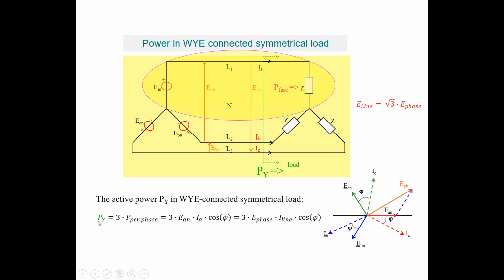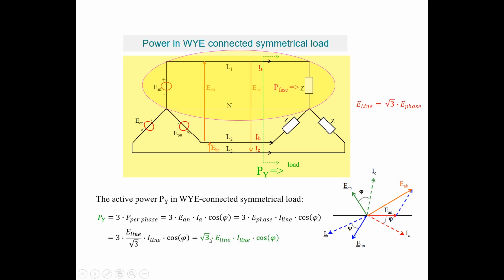We are looking for the active power, P. The total power is 3 times the phase voltage EAN, or EBN, or ECN, they are the same, times the line current IA times the cosine of phi. So it's equal to 3 times the phase voltage times the line current times the power factor cosine phi.